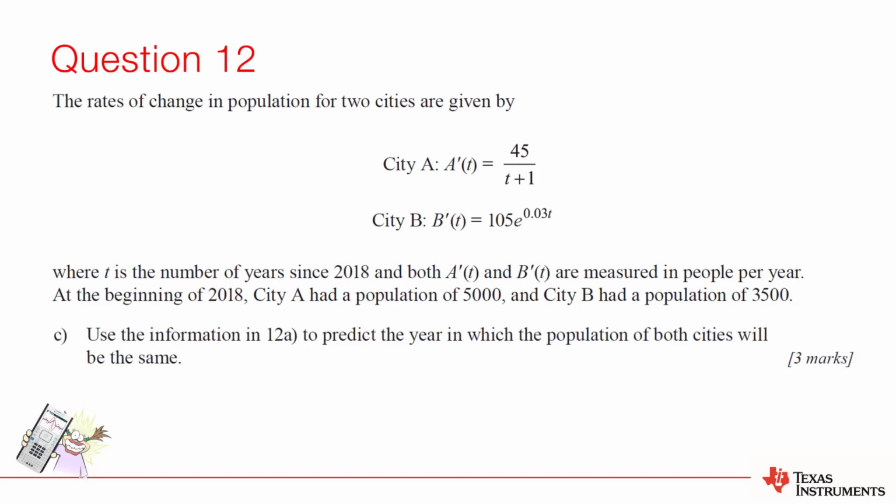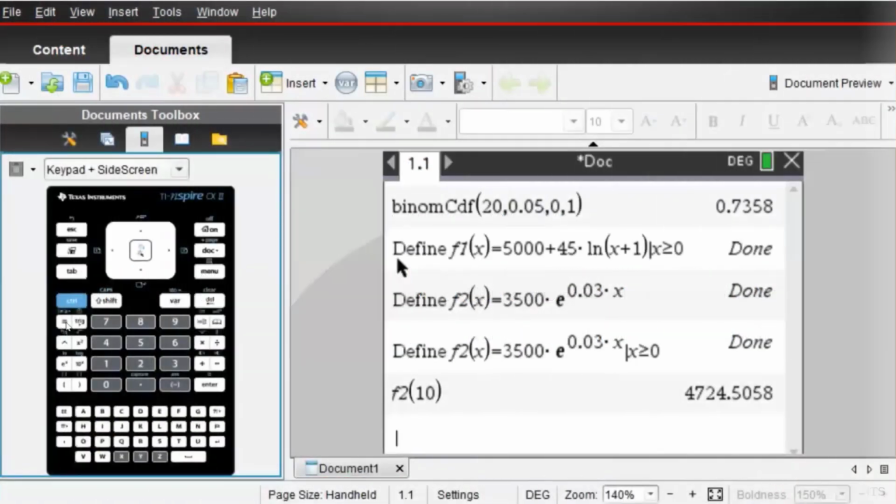Now, this is where what I've done comes in very useful. Use the information that we've already got to predict when the populations will be the same for both cities. Well, what do we have to do this time? Well, basically we want to solve when the two populations are equal.